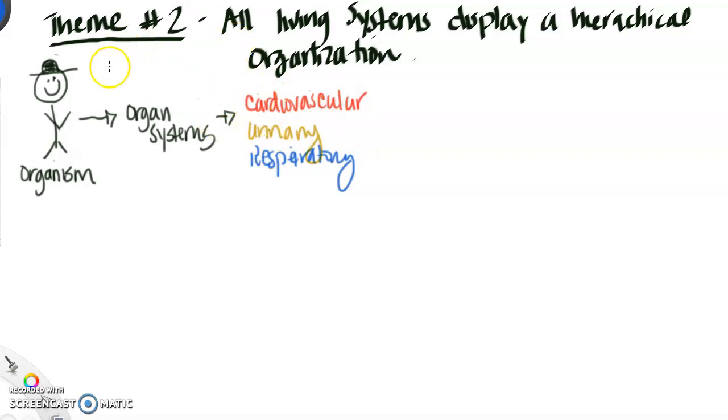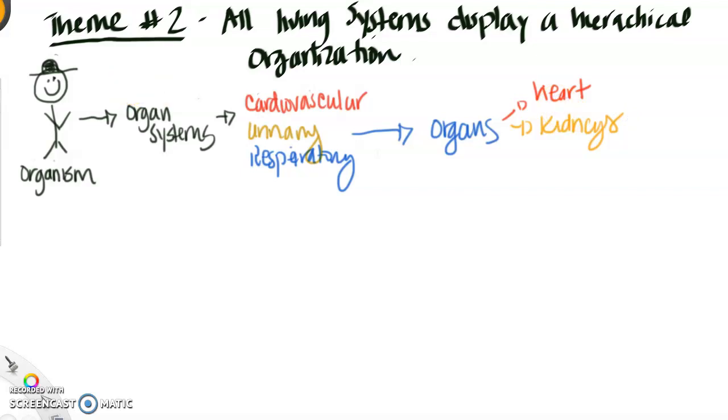So these organ systems are made up of organs, which we just talked about. In this example, we've got the heart, we've got kidneys, we've got lungs.